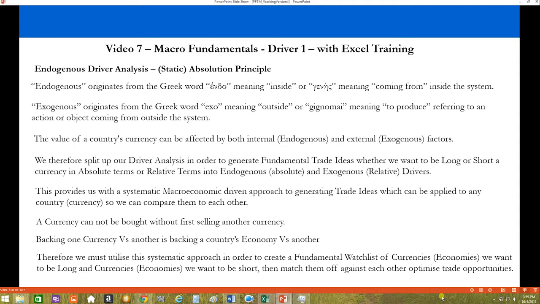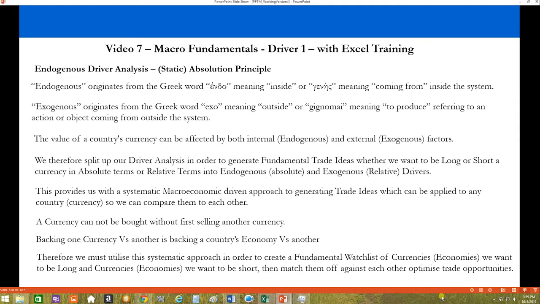And the value of a currency can essentially be affected by both internal and external factors. So both endogenous and exogenous factors. So what we do is we split up our driver analysis in order to generate fundamental trade ideas, so whether we go long or short a currency, in absolute terms. So in absolute terms, that is in endogenous.